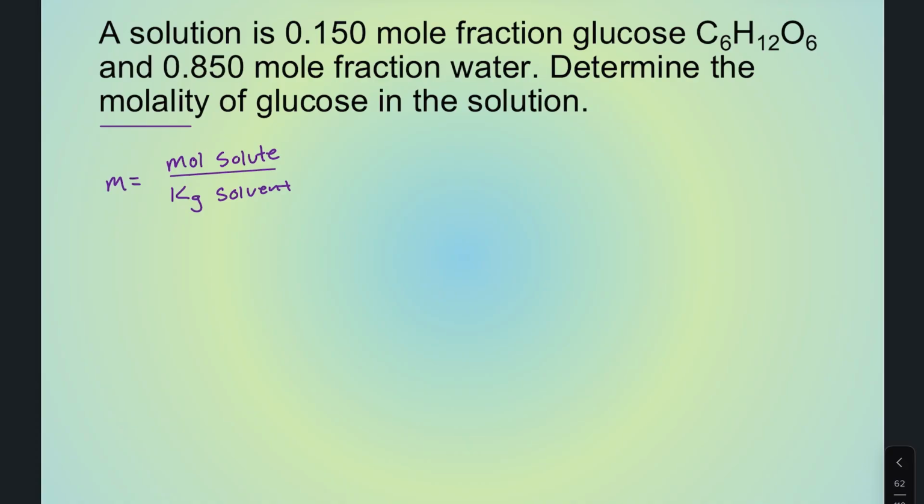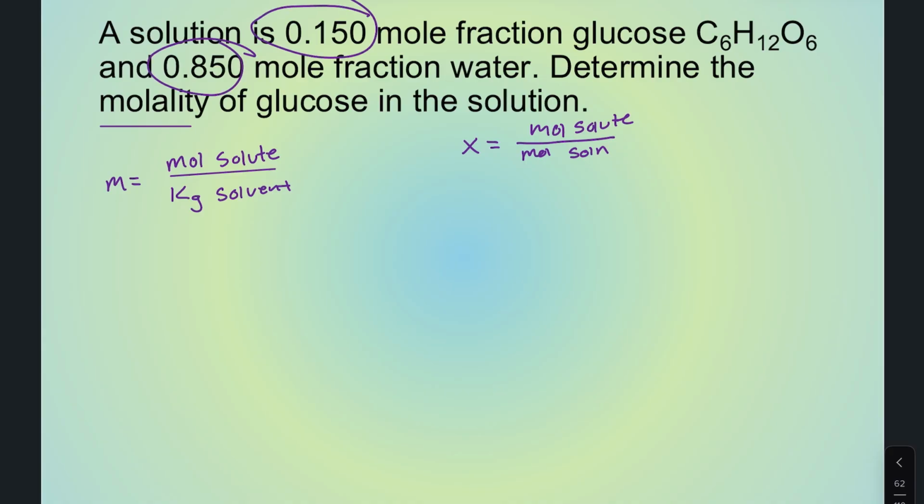Okay, so what we can do here is we can assume, well, we don't even need to assume actually. So the mole fraction is X, which is going to be the moles of solute divided by the moles of solution. So first, let's find what the moles of solution are. So we have 0.85 and 0.15.